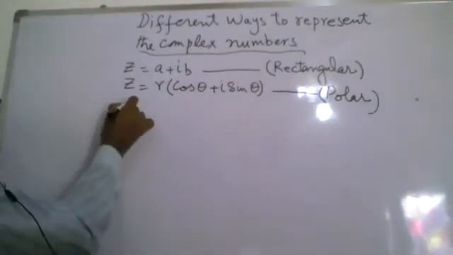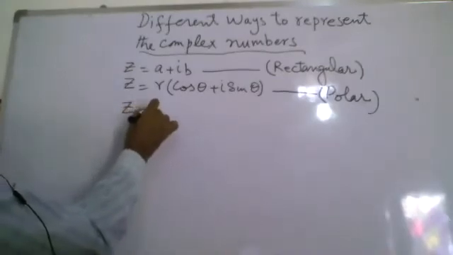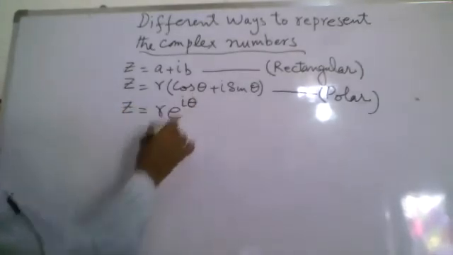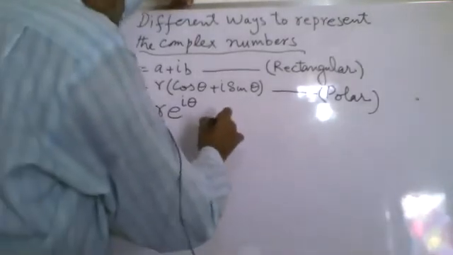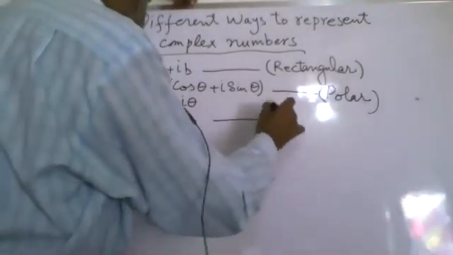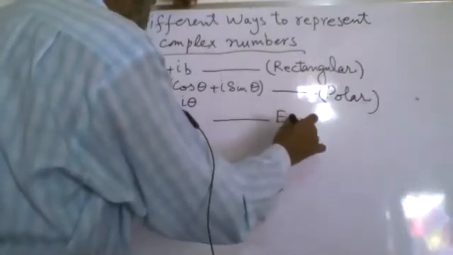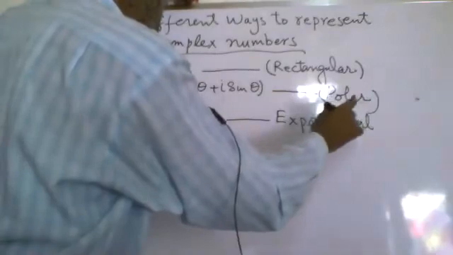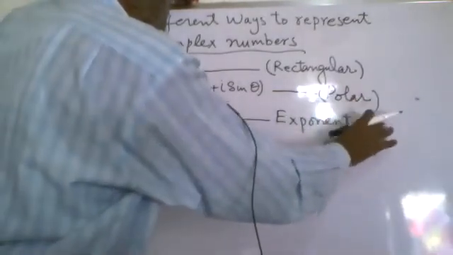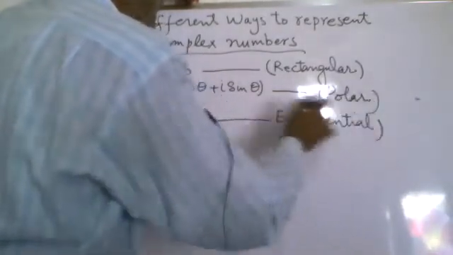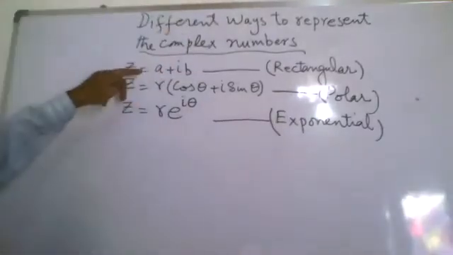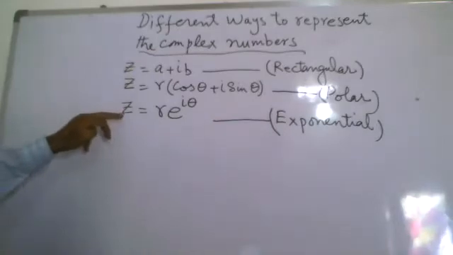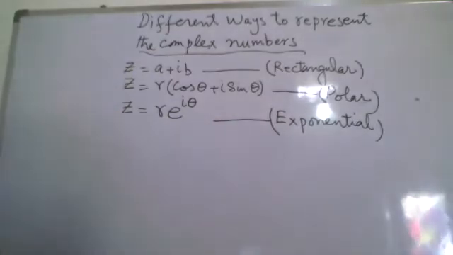Another way, z is equal to r e raised to power iota theta. This is called the exponential form. Rectangular form, polar form, and exponential form.